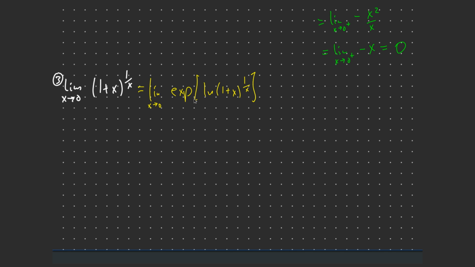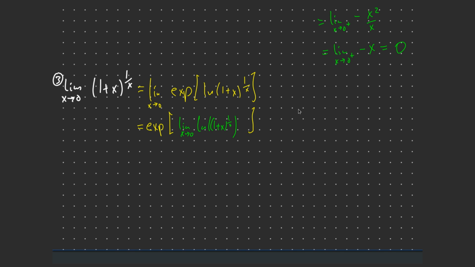And then I will move the limit inside, so I get the exponential of, in green here, the limit as x goes to 0 of the natural log of 1 plus x to the 1 over x. Okay?